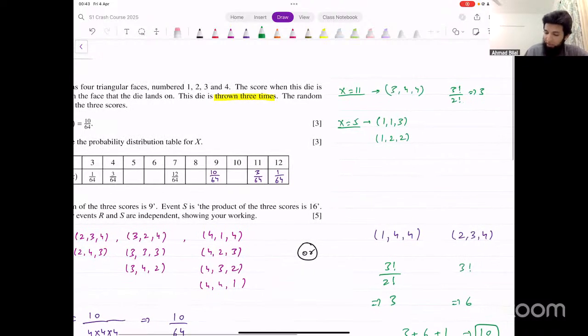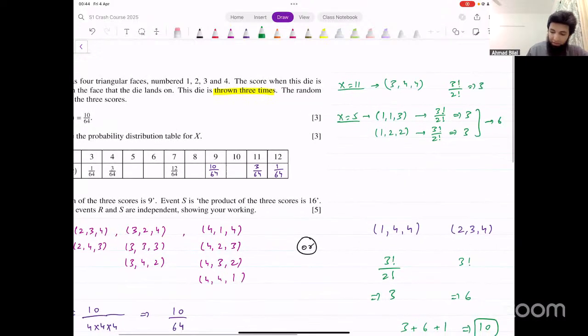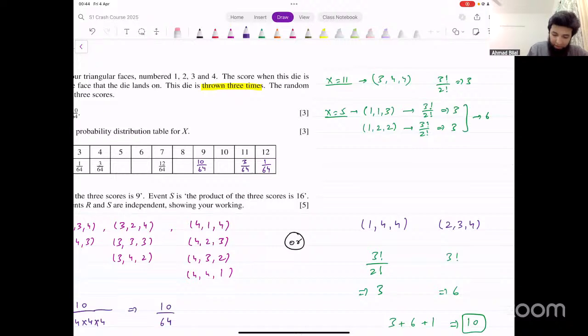How many ways can you arrange this? 3 factorial over 2 factorial. That's 3 ways. And how many ways can you arrange this? 3 factorial over 2 factorial. That's 3 ways. That's 6 in total. So this would be 6/64.